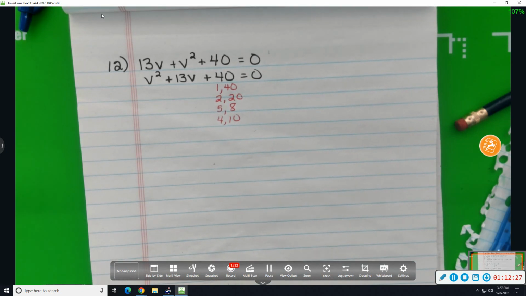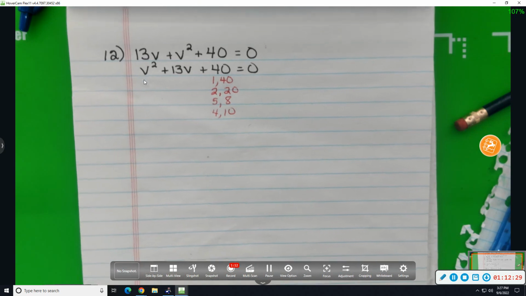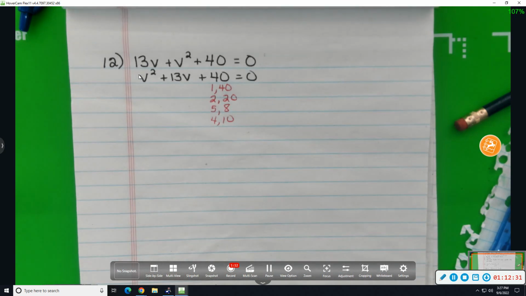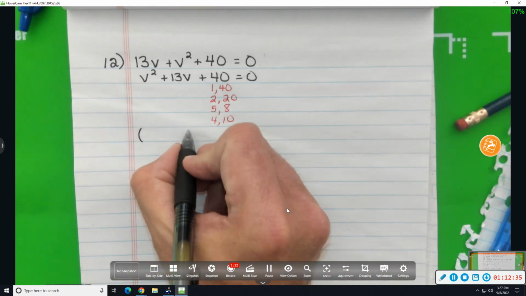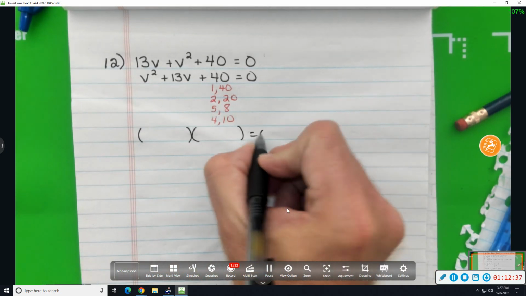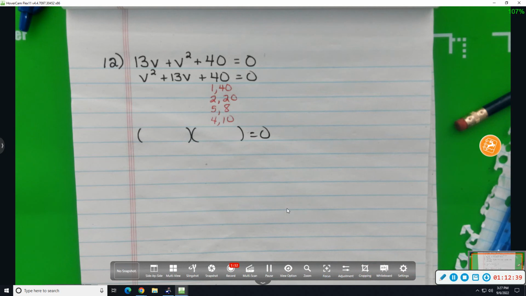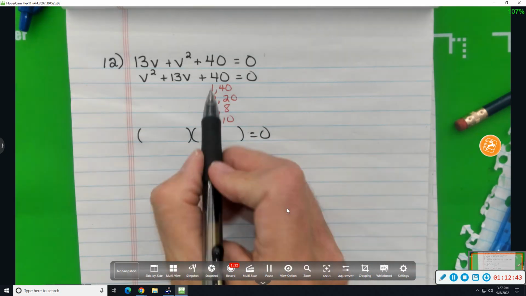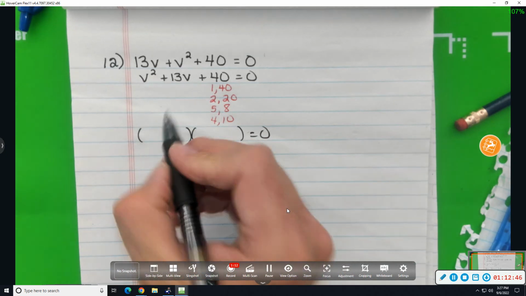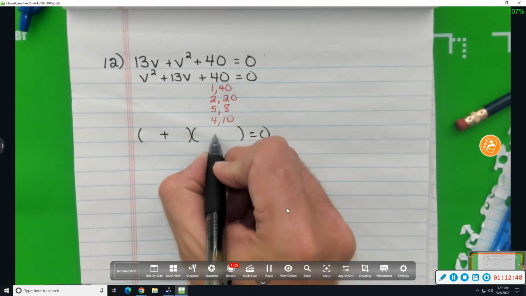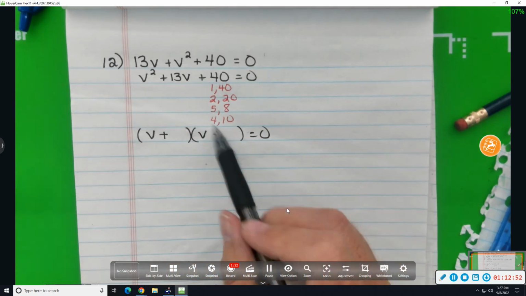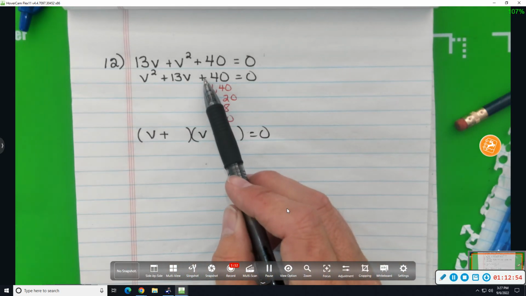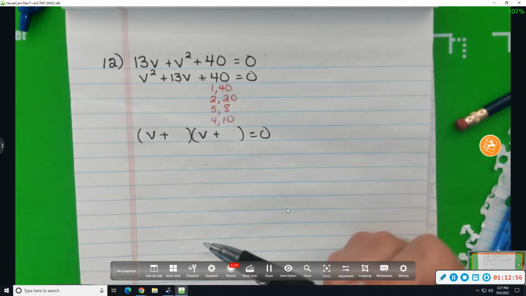Oh, this is nice. This is one of those where there's not a number in front of the squared term. A simple trinomial, that means it's going to be a lot easier to factor it. That's what you were getting at earlier when you said you could sort of look and tell. The second sign is plus, so 2 of the first: a V and a V. We need numbers that add together to give 13.